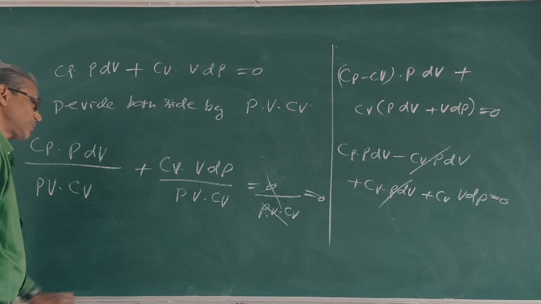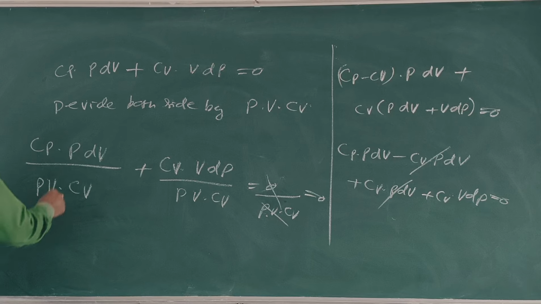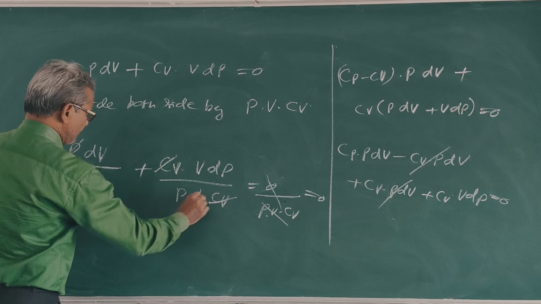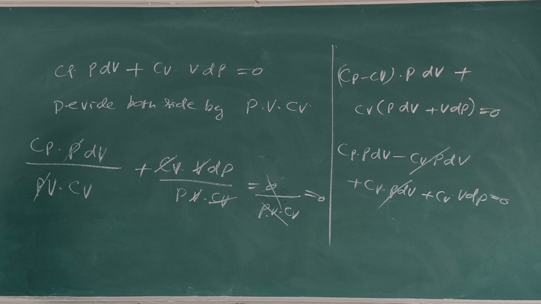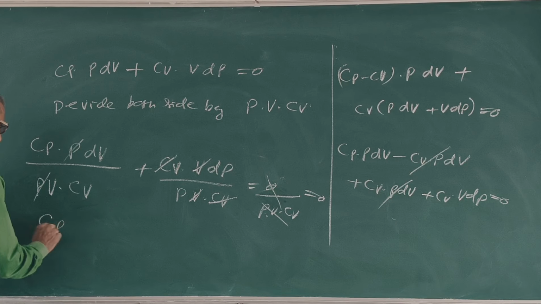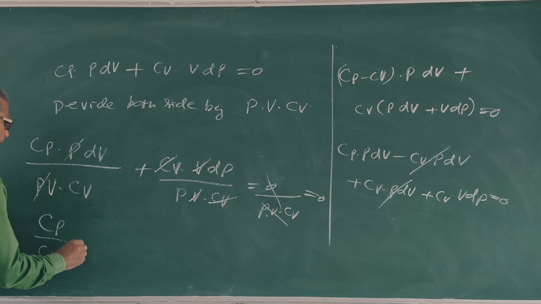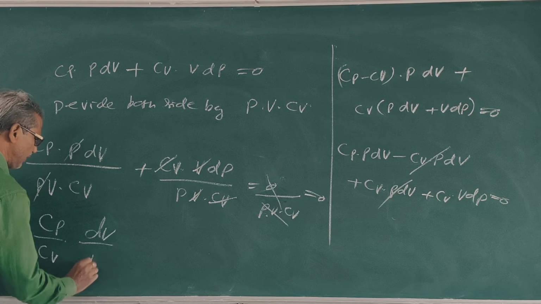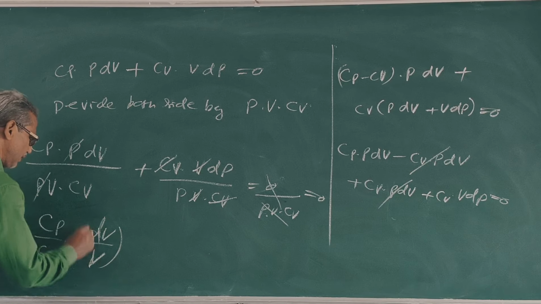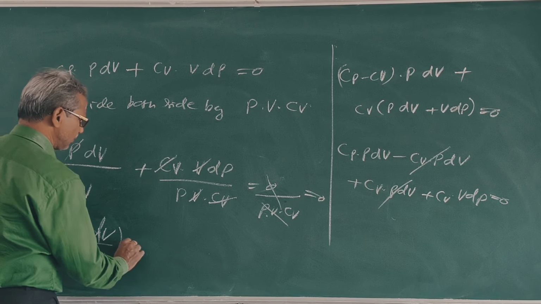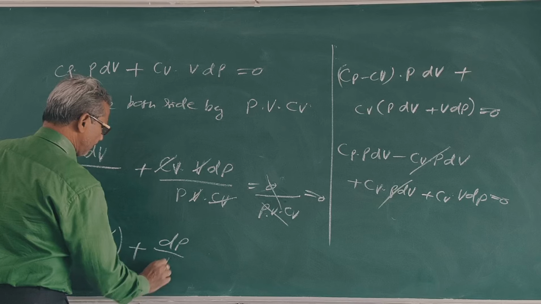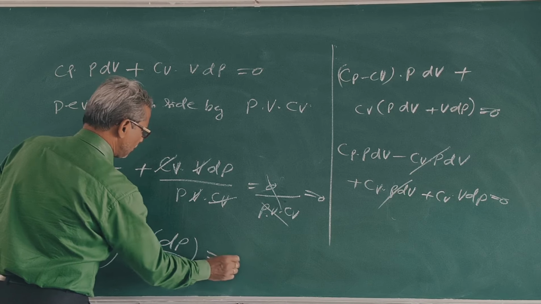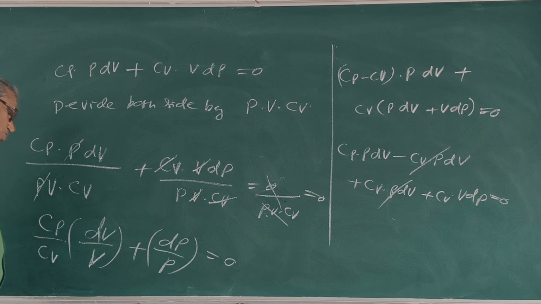Clear? So P cancels, Cv cancels, V cancels. This is equal to Cp by Cv into dV by V plus dP by P is equal to 0. Clear?